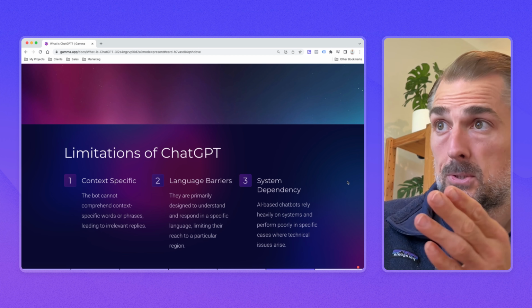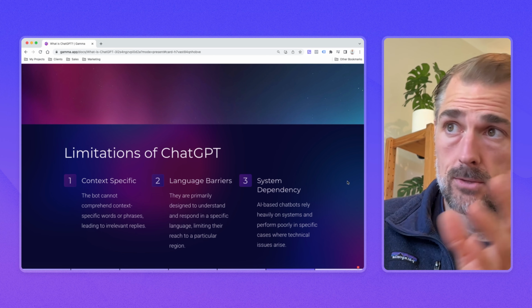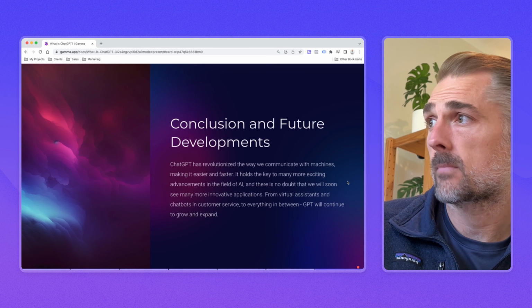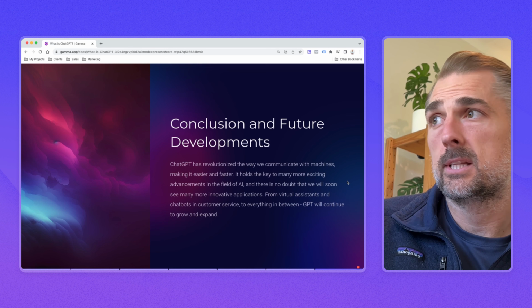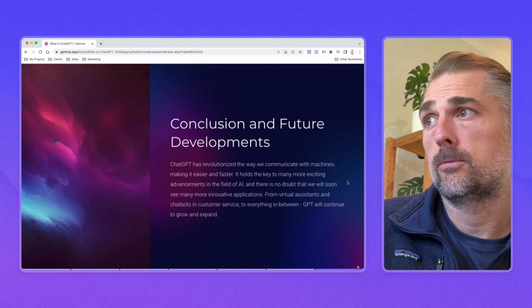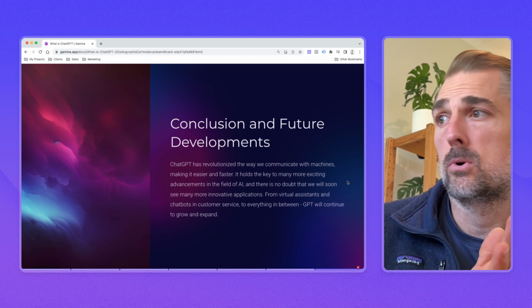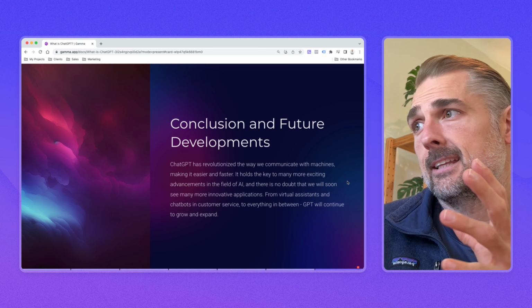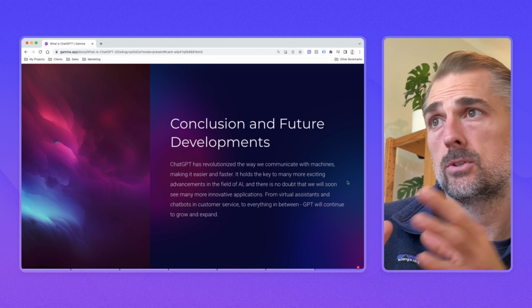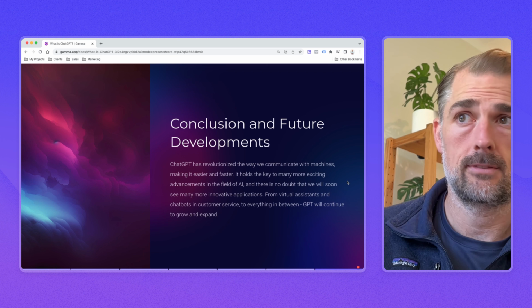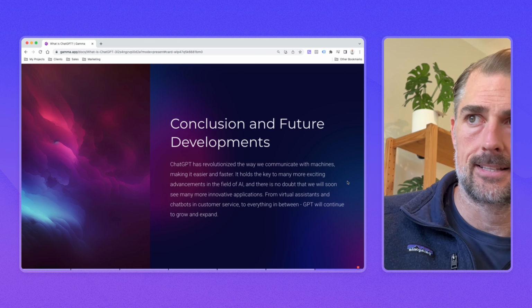So how can you take advantage of that now? And that's what we're going to try and cover in this course. Obviously, the conclusion and future developments is broad again, right? This is already a revolution, and it's a revolution in productivity. There's been a fairly stagnant period.